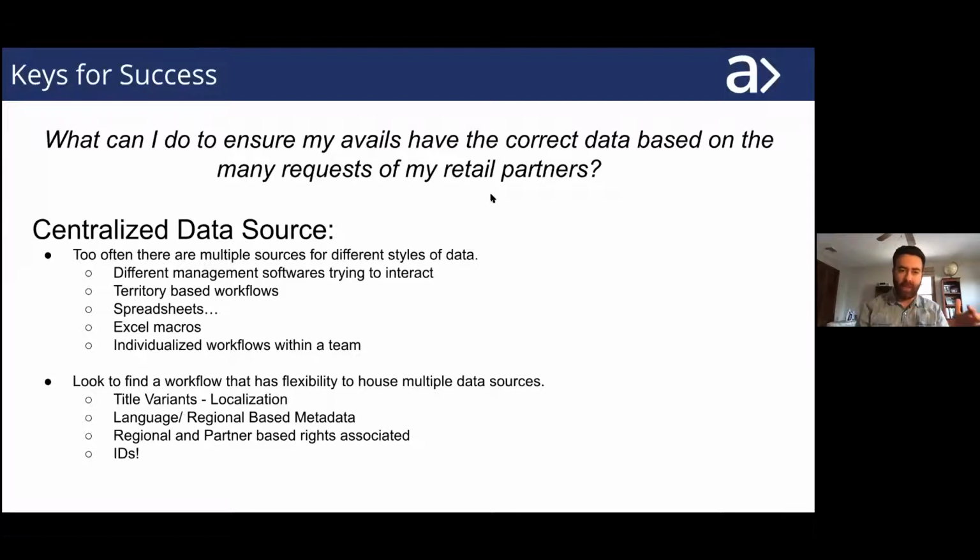Another point on this one that I do like to talk about with my studio partners and some of the options that we try to brainstorm with them is, does your workflow have any flexibility? Can you house multiple data sources? I know it sounds kind of menial and maybe too simple, but oftentimes, one of the suggestions I'd like to make is, well, let's look outside the box. What does it even mean to have title variants?